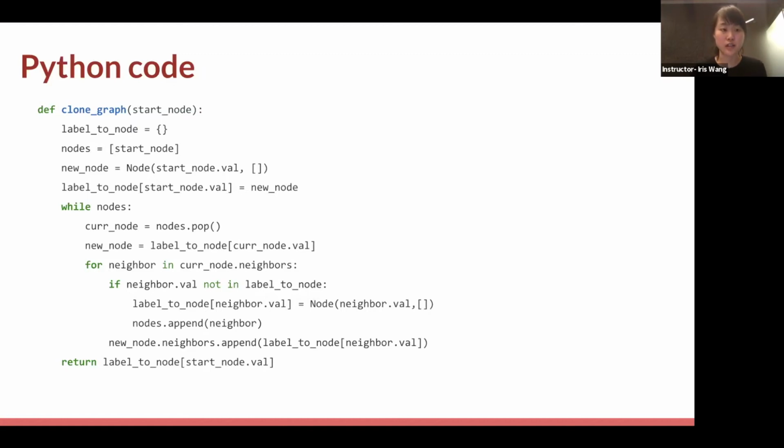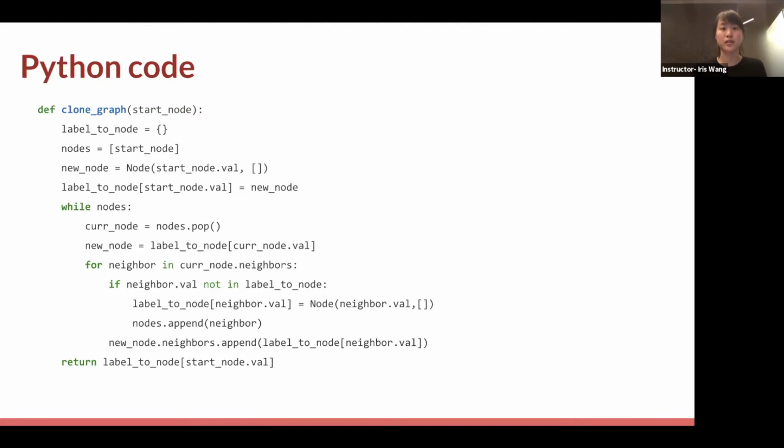If we look at the data structures we're using, we shouldn't exceed that limitation. The label to node data structure will grow with the number of vertices. Aside from that, we have the nodes stack, but that also shouldn't grow more than the number of vertices.